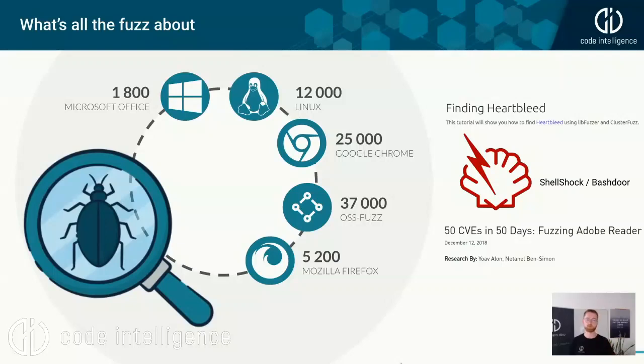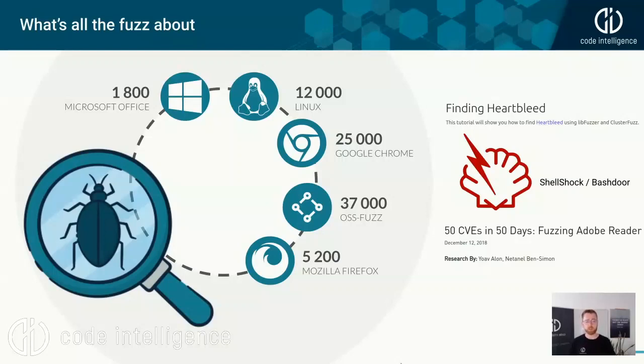The numbers are probably not up to date anymore, but you get the rough estimation, and you see that fuzzing is used in the industry to discover real problems, real bugs. Vulnerabilities were also found by fuzzing. Everything kind of kicked off with the Heartbleed vulnerability that broke the internet a few years back.